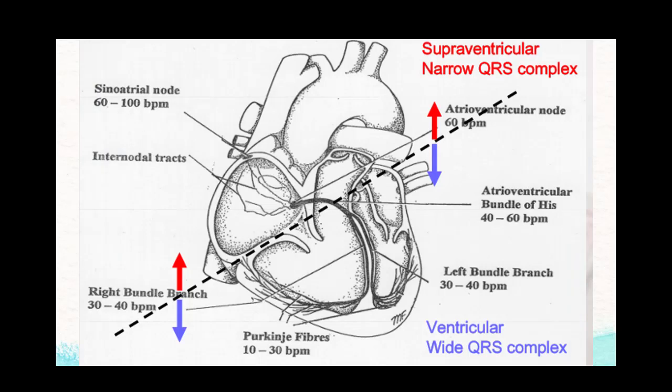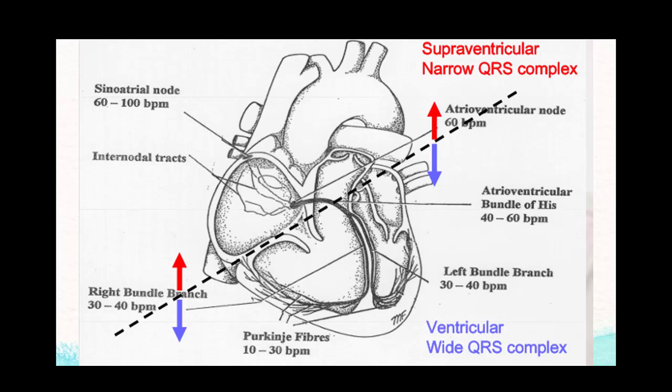So this is our previous picture of the heart from earlier. And how do we know if it's coming from the top part of the heart or the bottom part of the heart? If it's supraventricular, then it is coming from the atria, and you will have a narrow QRS complex.